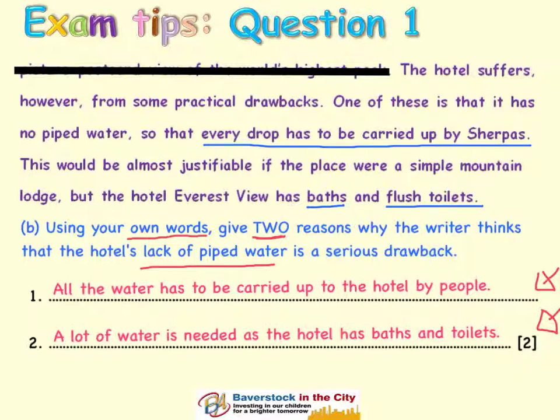Second drawback, a lot of water is needed as the hotel has baths and toilets. That's in my own words, using the information from the article. 2 marks, 1 mark for each drawback. Simple to get those 2 marks.